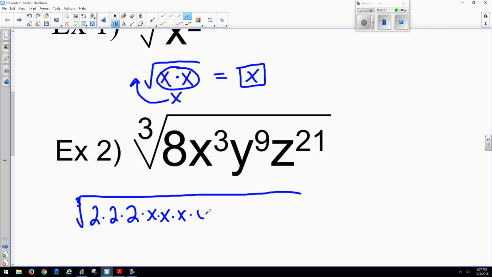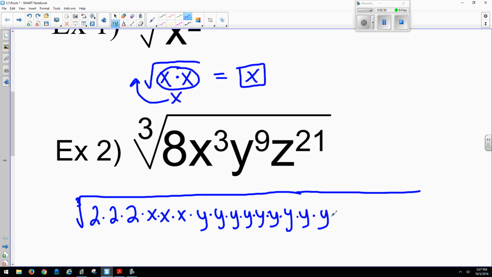I'm going to write y out 9 times. And let's say we wrote out z 21 times. Hopefully you'll kind of get the idea of how this is going to work.